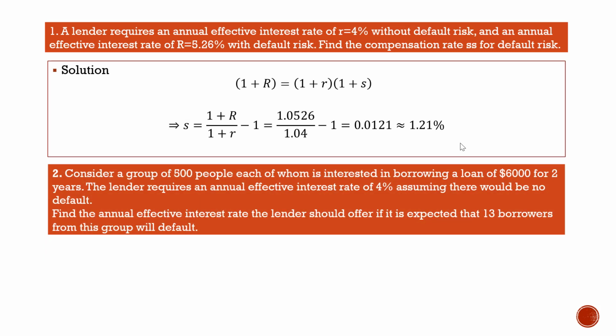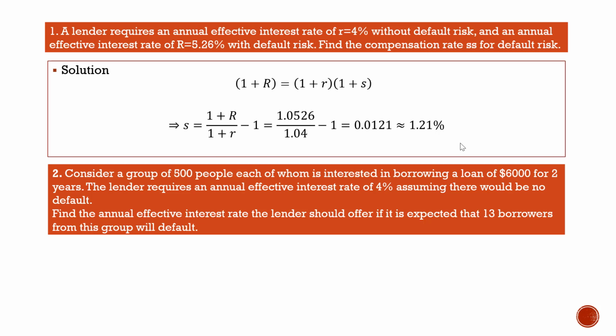Question 2. Consider a group of 500 people, each of whom is interested in borrowing a loan of $6,000 for 2 years. The lender requires an annual effective interest rate of 4%, assuming there would be no default. Find the annual effective interest rate the lender should offer if it is expected that 13 borrowers from this group will default.